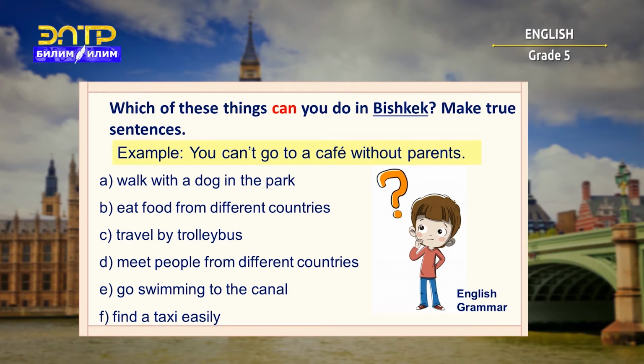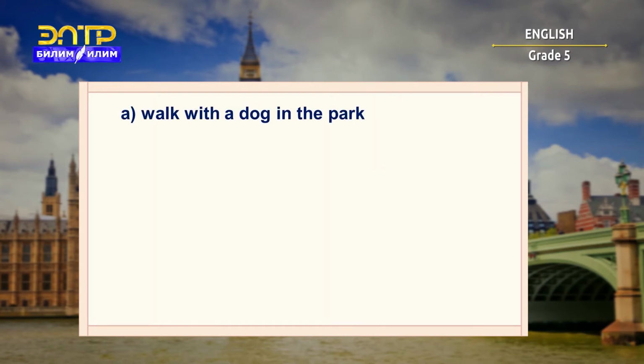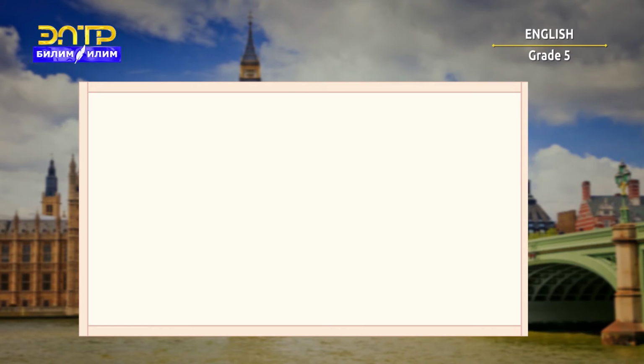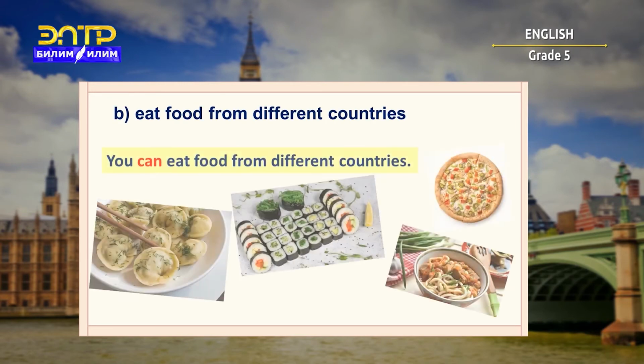Okay, kids, the time is up. Let's check your answers. What we can and what we can't do in Bishkek. You can't walk with a dog in the park. You can eat food from different countries.